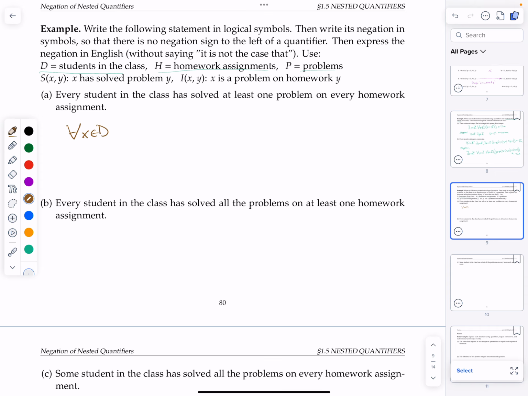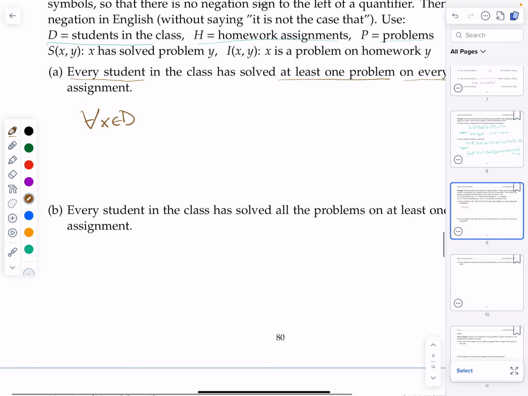Even though in English we've got every student first, and then we have at least one problem, notice where those problems are coming from. They're coming from every homework assignment. And so for every student, for every homework, there is a problem. So just to keep things straight, this is the way that this English would be translated.